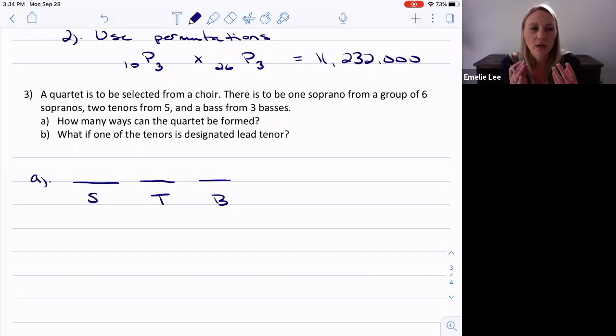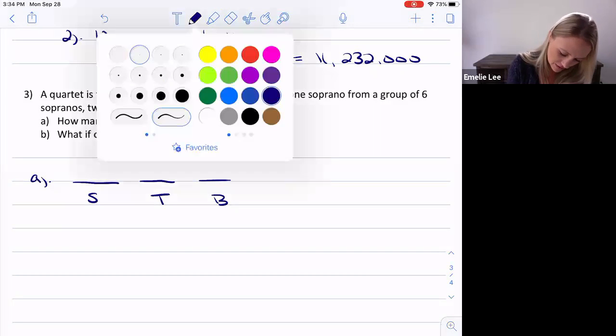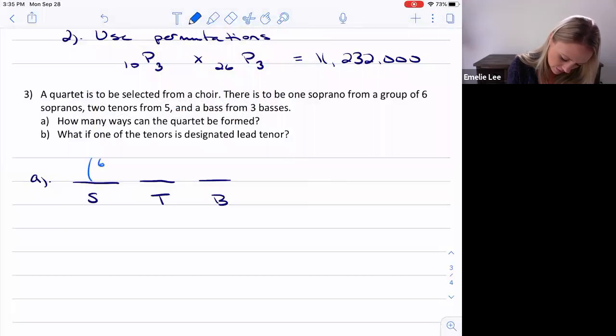And so what I'm doing is I'm going to fill these spots with 6 choose 1. That's the soprano. So from 6, I'm choosing 1. And then from the tenors, I've got 5 choose 2. And that's where my 2 tenors will come from.